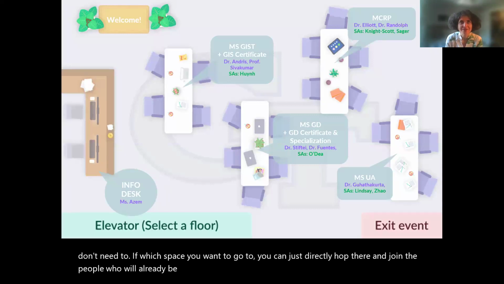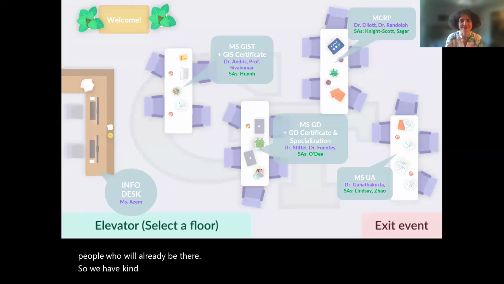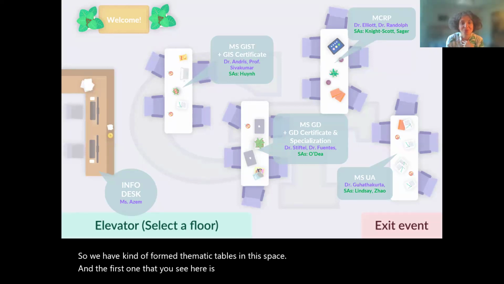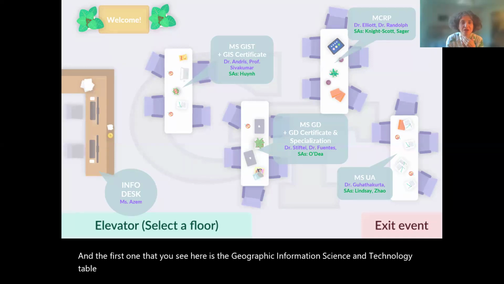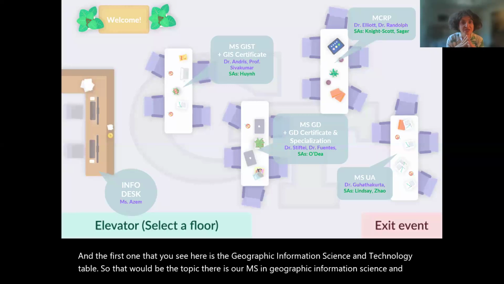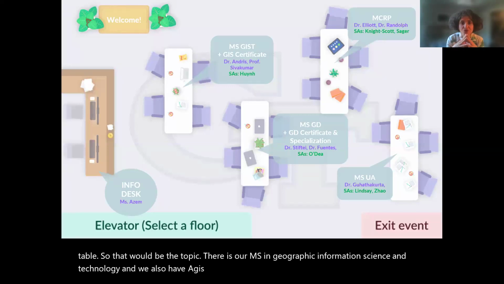So we have kind of formed thematic tables in this space. And the first one that you see here is the Geographic Information Science and Technology table. So the topic there is our MS in Geographic Information Science and Technology, and we also have a GIS certificate that you may be interested in.